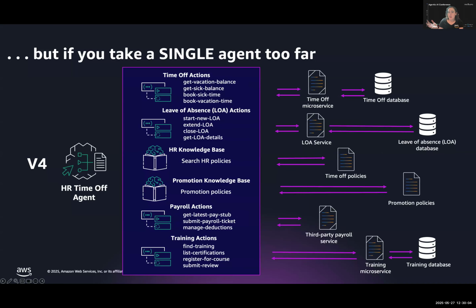But at some point, what we've seen with customers that we work with is that you can take this a little bit too far. If you try to have one do-it-all agent that has access to all these different knowledge bases and actions, there's a risk that you have more hallucinations. It's harder for that agent to keep track of what it's doing, and the outputs can be questionable.